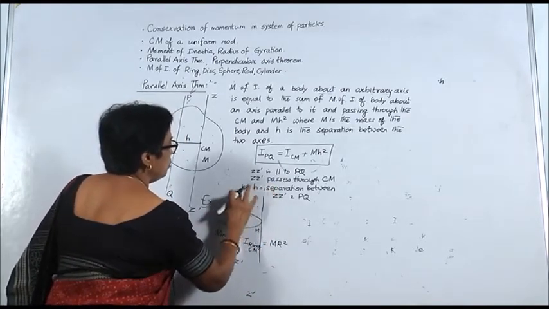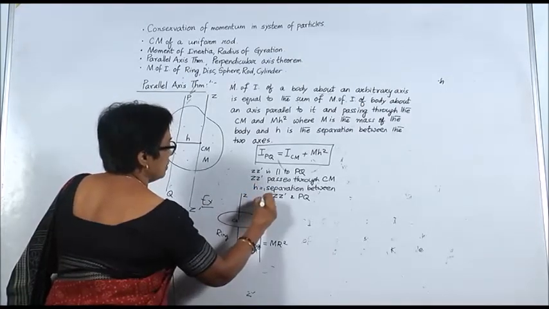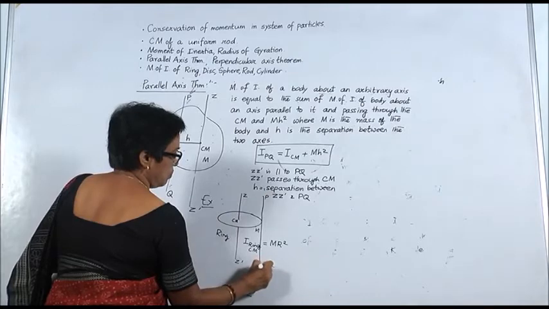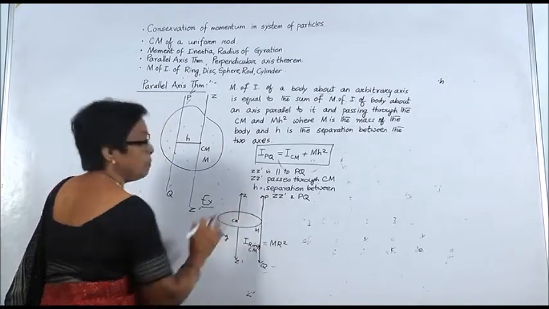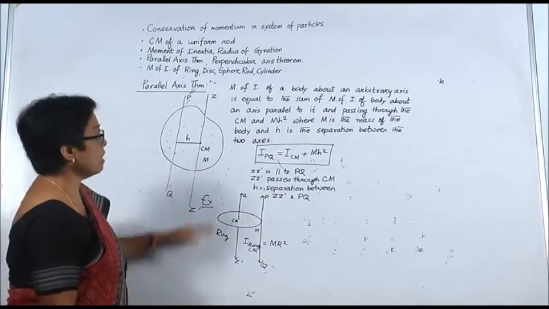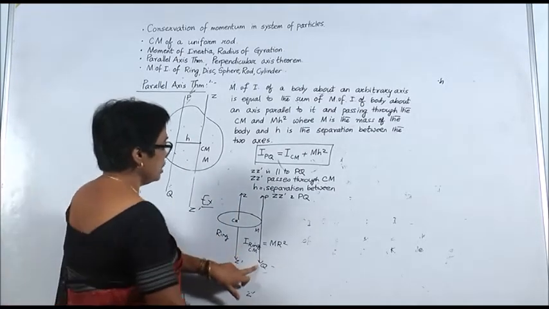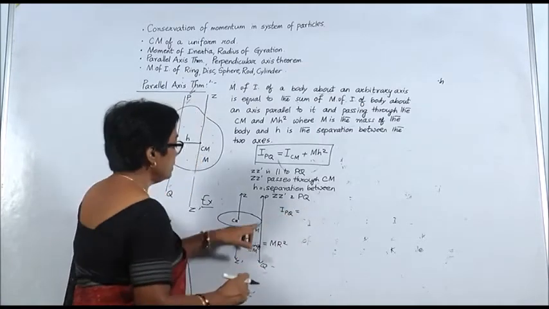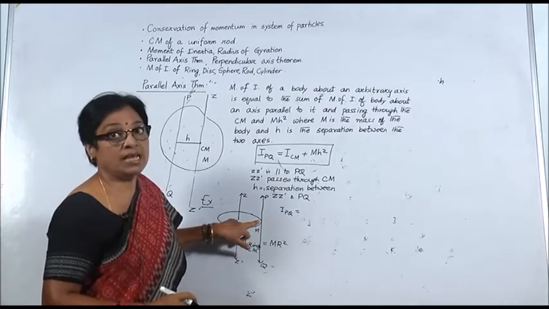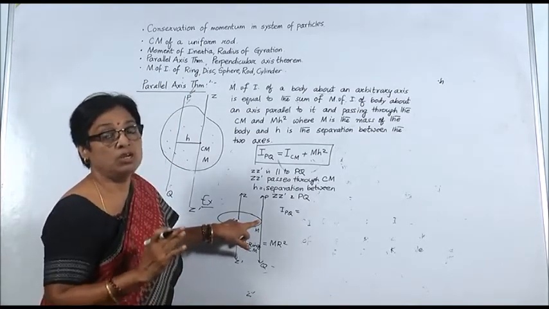This is z z dash, this is P and Q, where these two axes are parallel to each other. Let us apply the parallel axis theorem. It says that moment of inertia about PQ will be equal to, so this is tangential. So, this is an axis which is tangential to the ring, perpendicular to its plane.